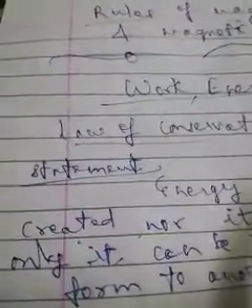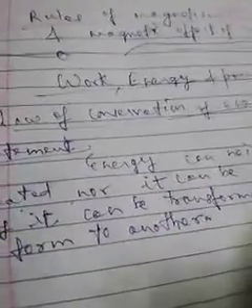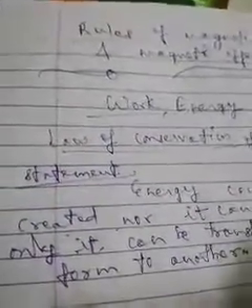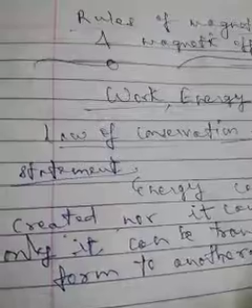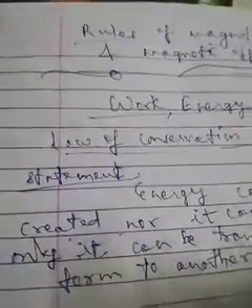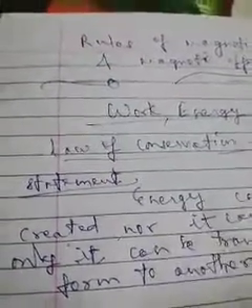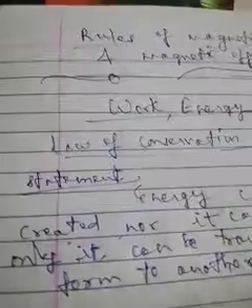Now talk about solar cells. A solar cell uses solar energy and converts it into electrical energy. So solar cells are charged first by sunlight, and then the energy is stored in the form of electrical energy that could be used further.